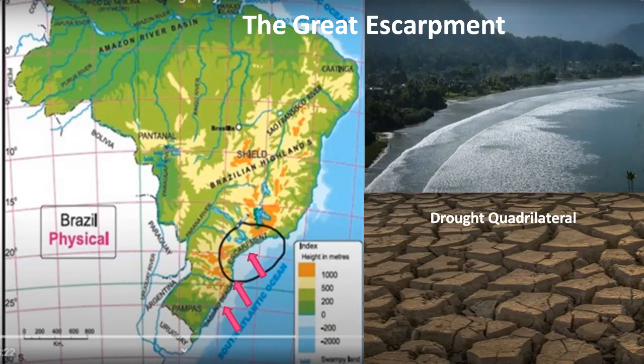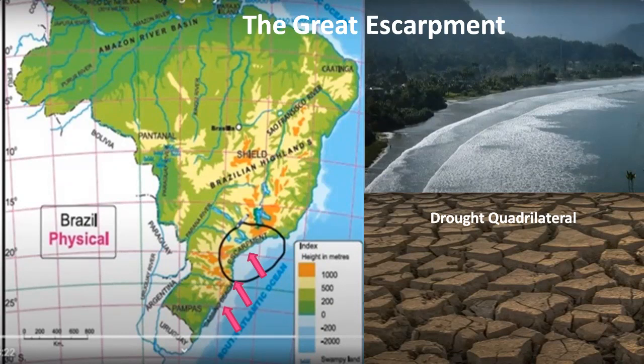The Great Escarpment is a small region, but it has a great effect on the climate of Brazil. It acts as a barrier to the southeast trade winds. As these trade winds are moisture-laden winds, when they blow over this region, they empty themselves here along the coast.